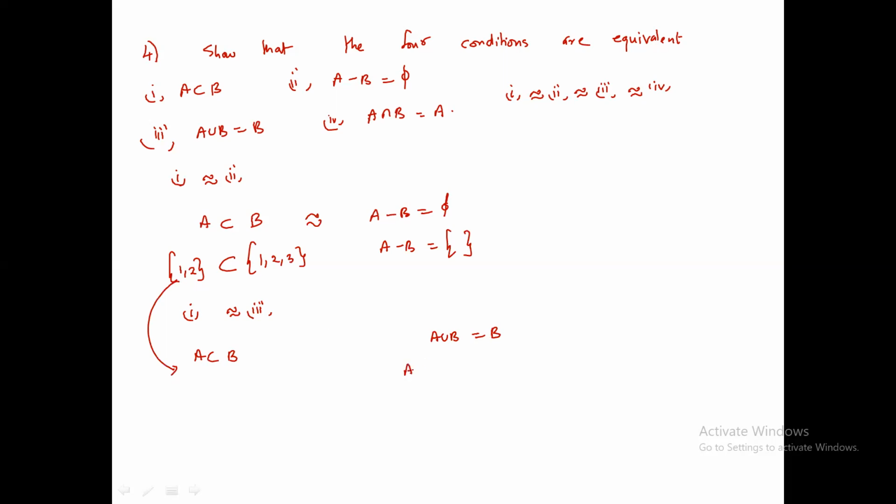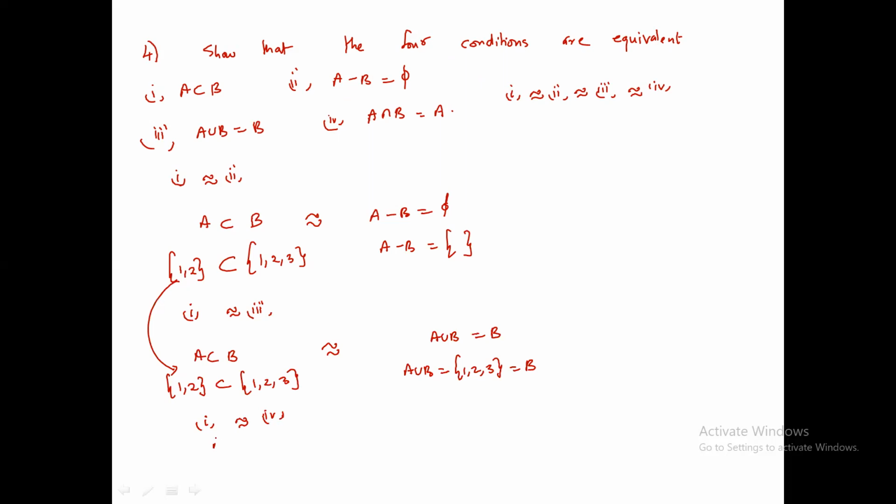So when you take A union B, you will have 1, 2, 3, which is nothing but B. So these two are equivalent again. What did I take? A is a subset of B, the same example. Okay, next I will show that 1 is equivalent to 4.